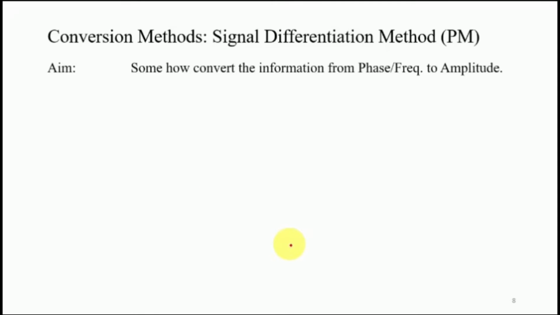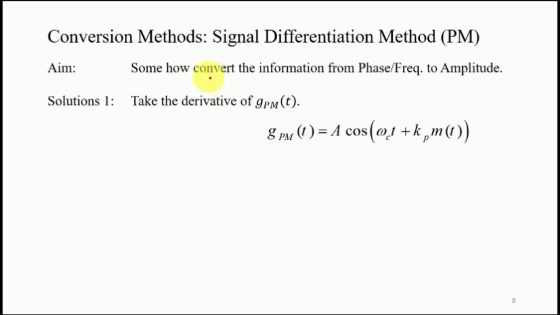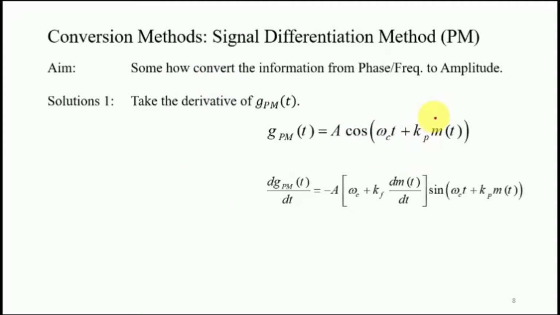Similarly for PM, again the aim is to use the envelope detector. So what we do is we take the derivative again, right? And if we take the derivative, we would have minus a sine of this and then the differentiation of this argument, which is expressed over here. So we would have dm of t by dt.